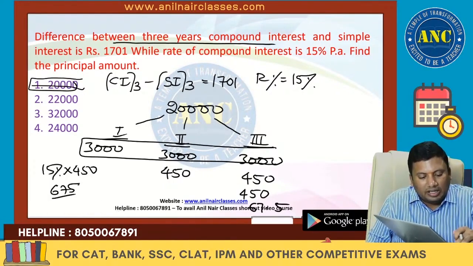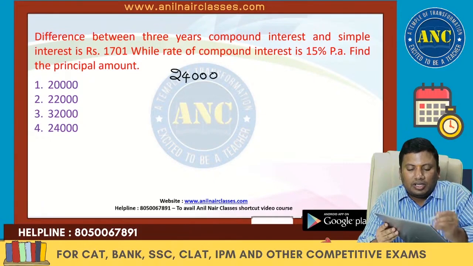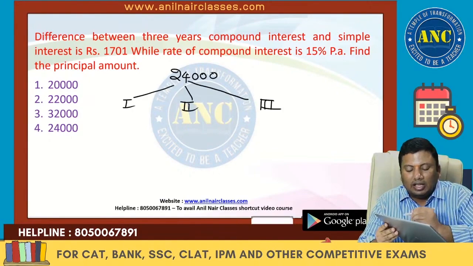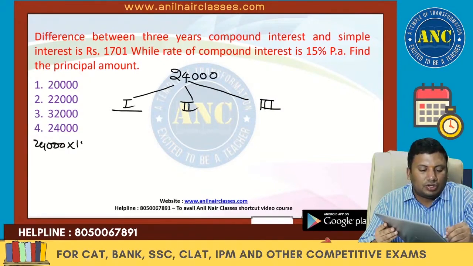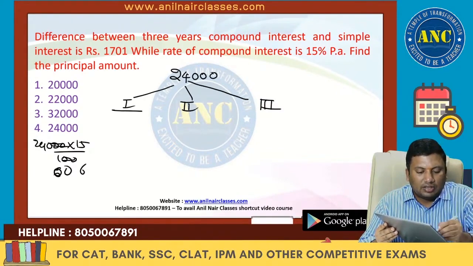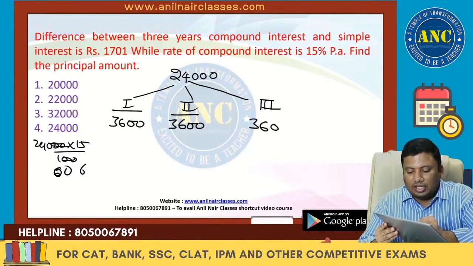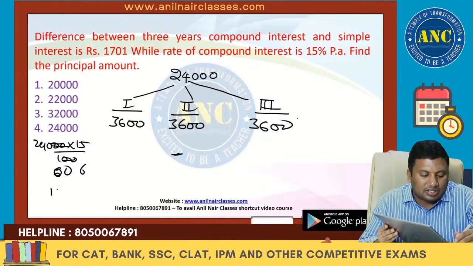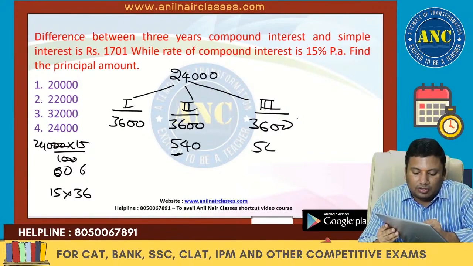Let me take 24,000. Go by the answer options. If I take 24,000, this is first year, second year and third year. 15 percentage of 24,000 is 3,600, and this is 3,600. 15 percentage of 3,600 is 540.